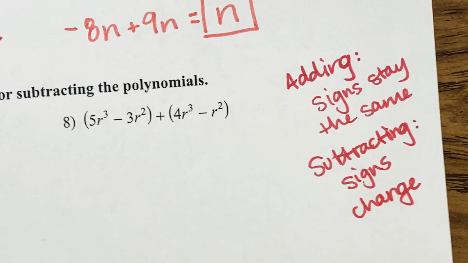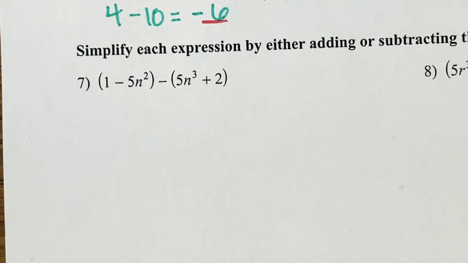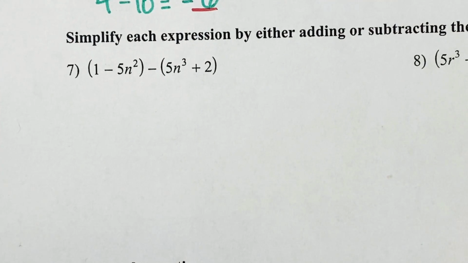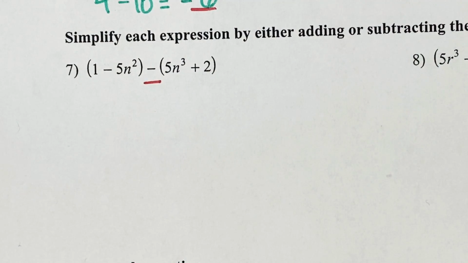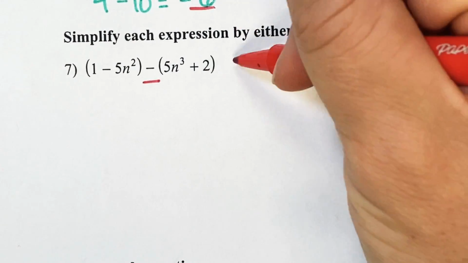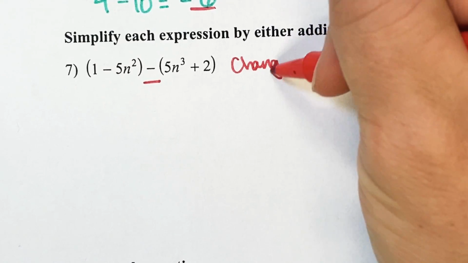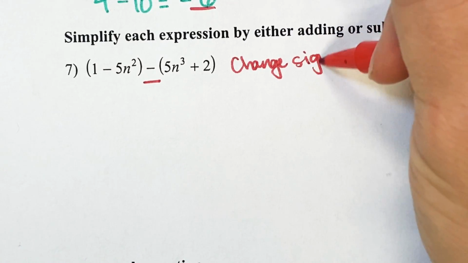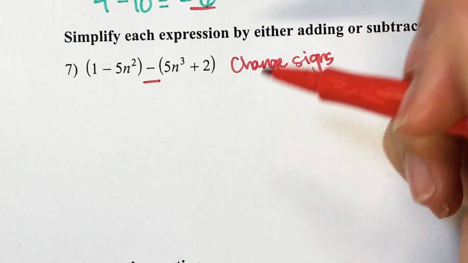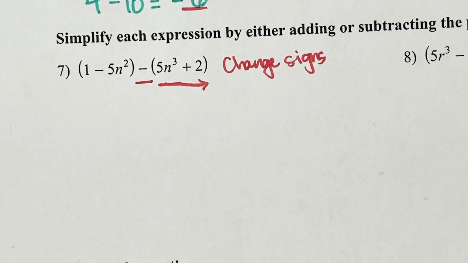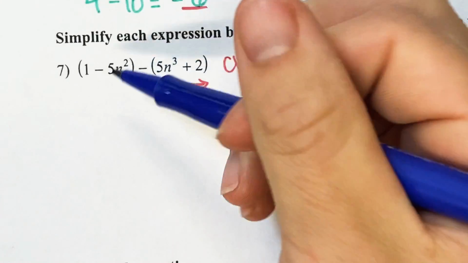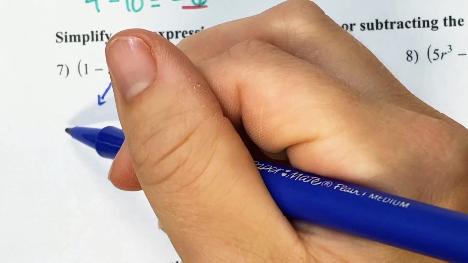Okay, so let's look at number 7. You want to look at the sign right in the middle of these 2 parentheses. That's a subtraction sign. So that means the signs are changing. So change your signs after the subtraction sign. Okay, so you can always rewrite the first piece.